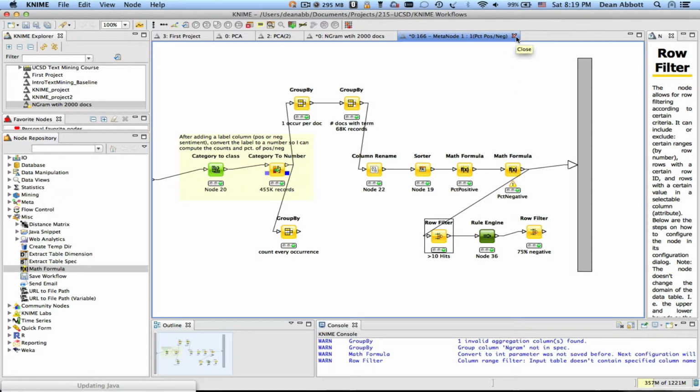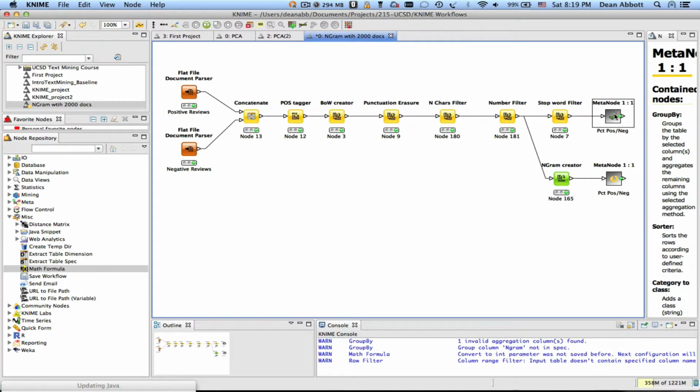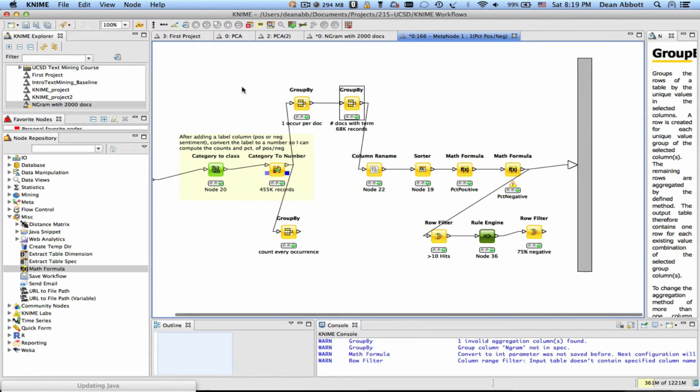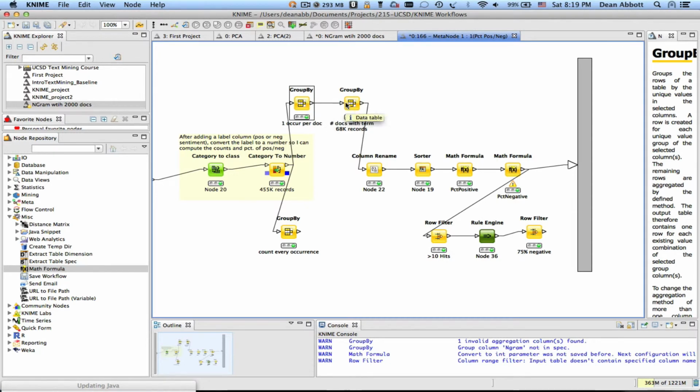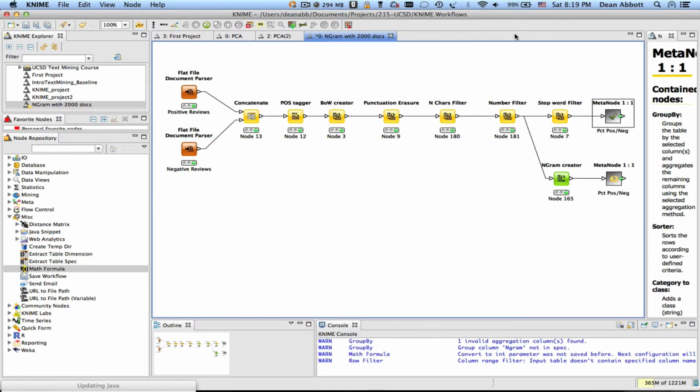I'll describe what we do with the n-grams in a separate video, though it's going to be essentially the same as this process. The nice thing about this group by, if I go back here, is it's very simple. It doesn't take a lot of extra computation, and it's very transparent what's going on computing these positives and negatives.